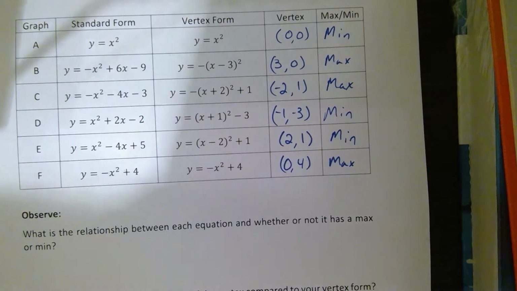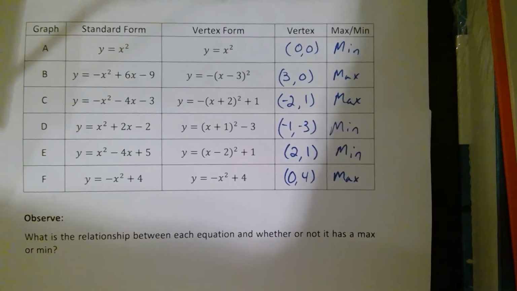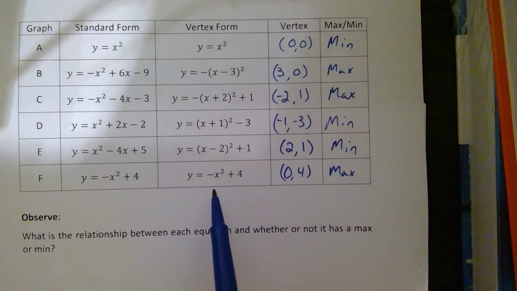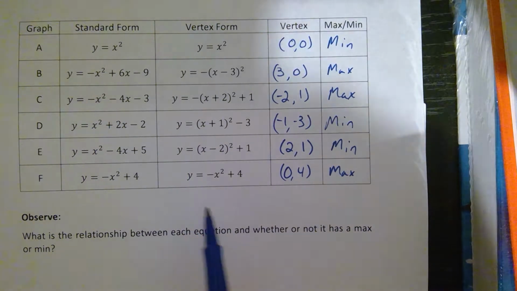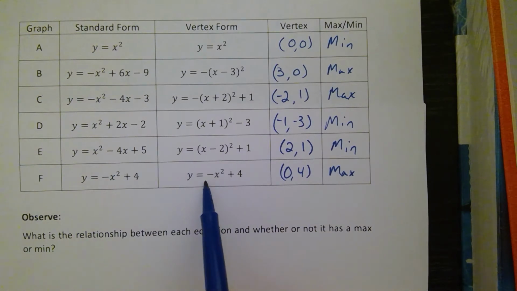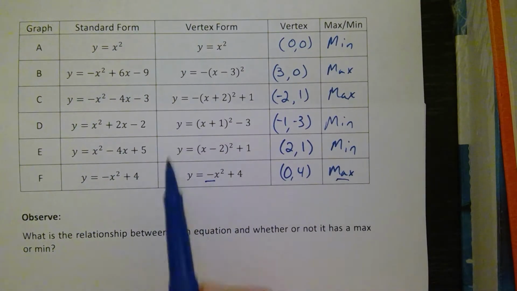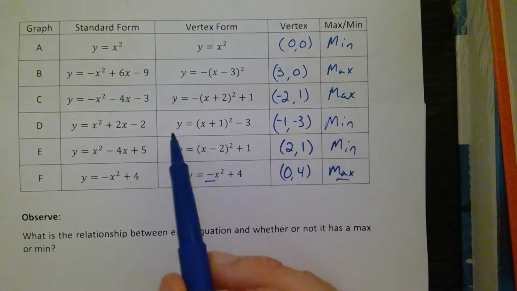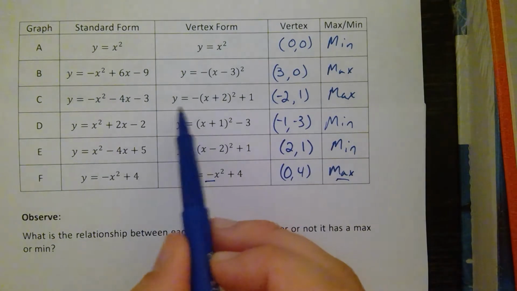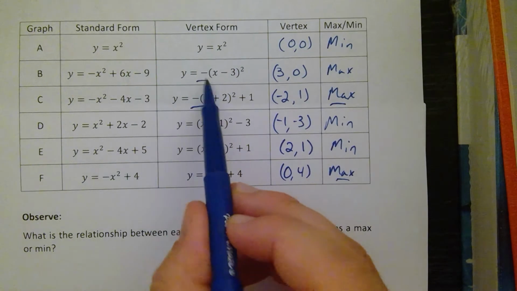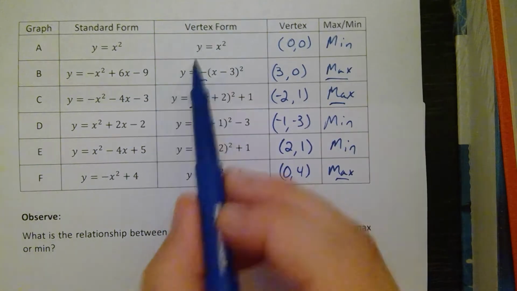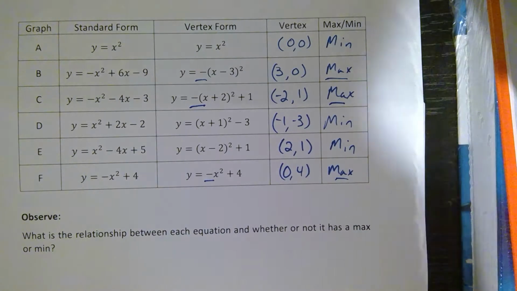Okay, so hopefully what you saw, you wrote down something that talked about the negative sign versus no negative sign. So we have, with our maximum, here's a negative x squared. Max. Positive, minimum. Positive, minimum. Negative, maximum. Negative, maximum. Positive, minimum. Okay?